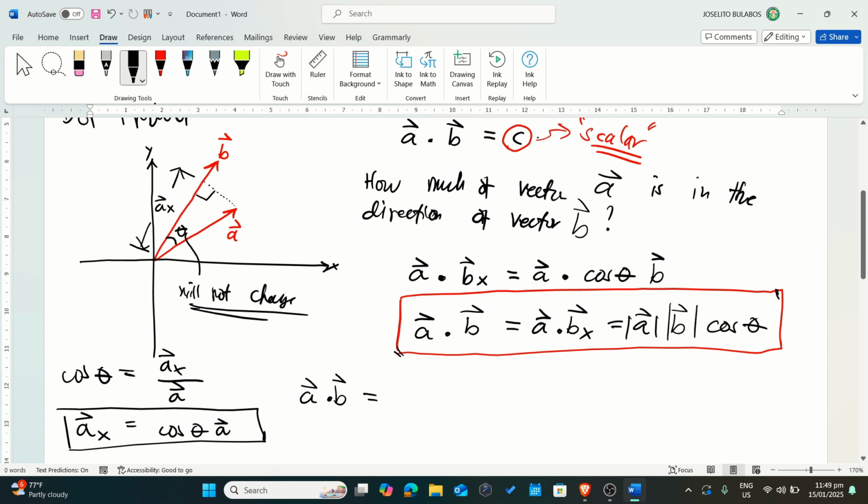This becomes Ax, or vector A along the direction of vector B, times the magnitude of B, which gives you the absolute value of vector A times the absolute value of vector B times the cosine of the angle. So the equation remains the same.